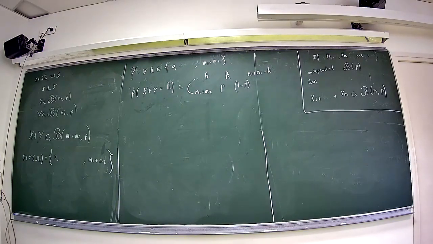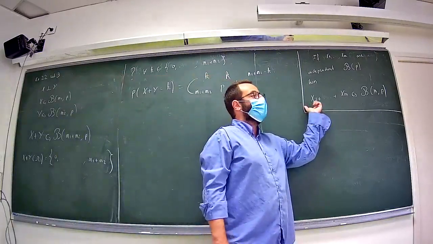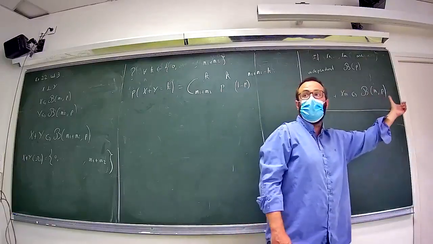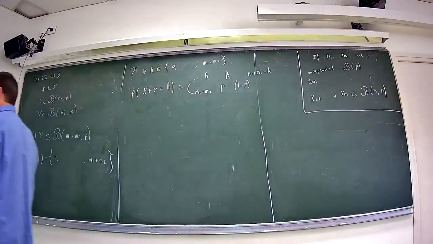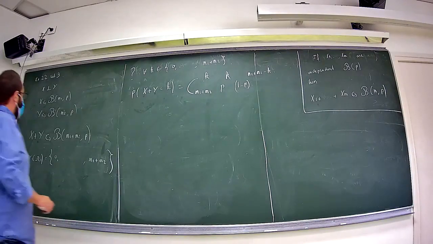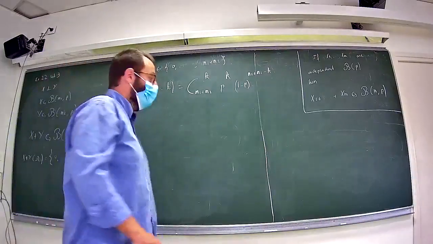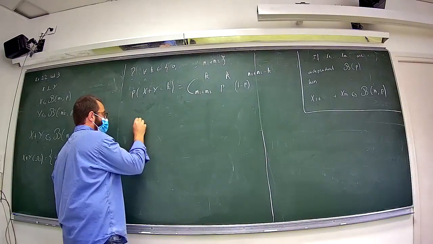If you have in mind the example here, it means that if you define X1 as 1 if I obtain a head and 0 otherwise, to count the number of heads you just have to do the sum of these variables, taking the value 0 or 1. So if I have this in mind, in fact it's finished. Why? Let's write it this way.